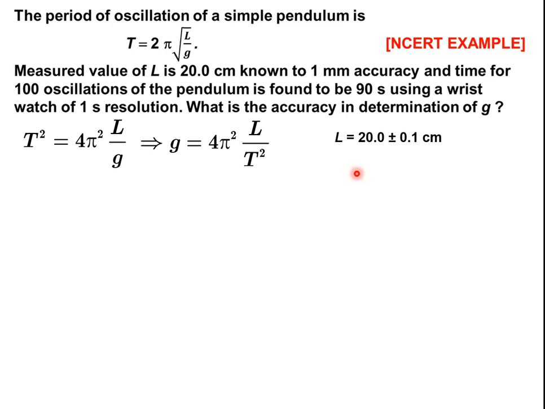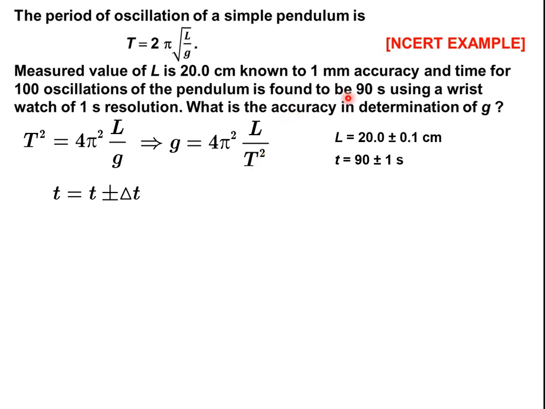Now, this is time for 100 oscillations with an accuracy of 1 second. So time measured is 90 plus minus 1 second. Okay, so what we have learned, if time is measured as t plus delta t, because we need time period.